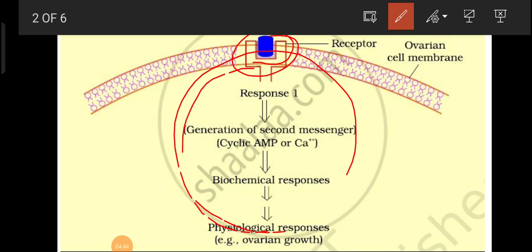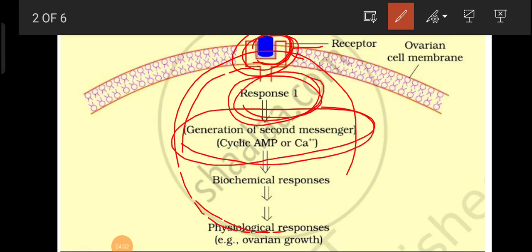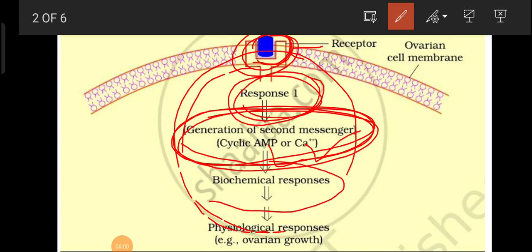Receptors are present on the outer membrane. These are the primary response, and after activation of a secondary messenger like cyclic AMP or calcium ion, in case of the ovarian membrane, they start their biochemical responses, and after that we can see the physiological response, that is the growth of the ovaries.